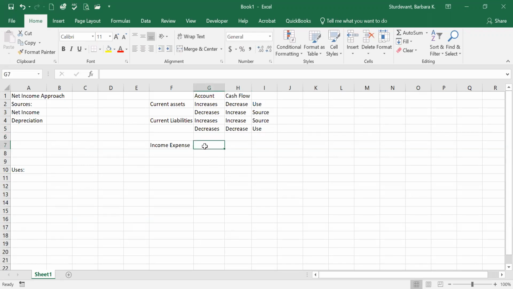Income tax expense is the one that you're going to have to look at, and you just have to read the problem. If it tells you that the expense is the true number, you do nothing.